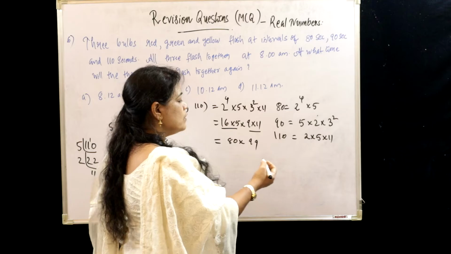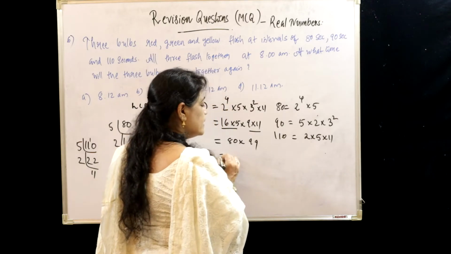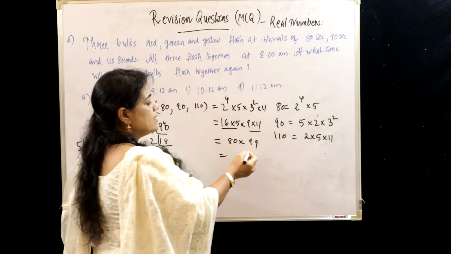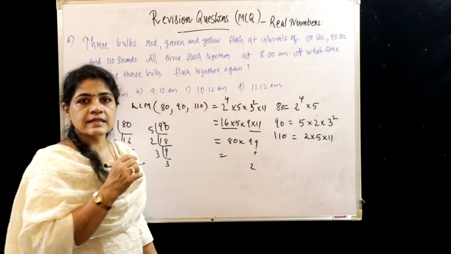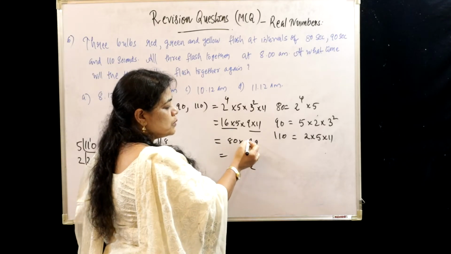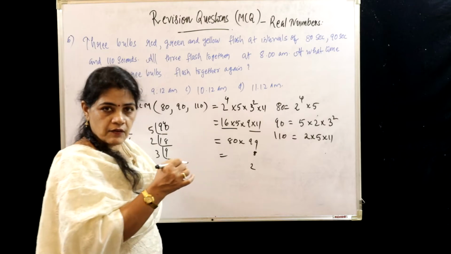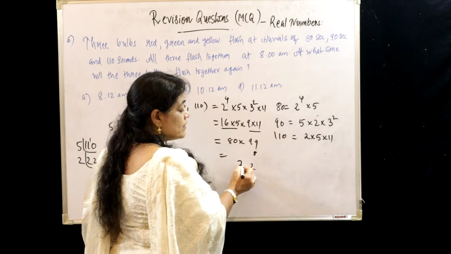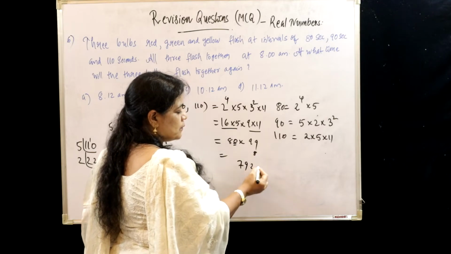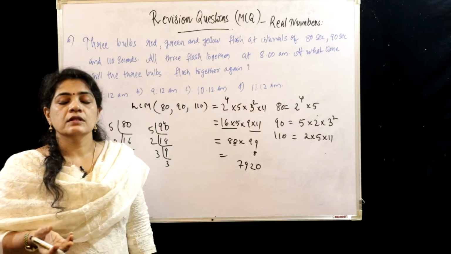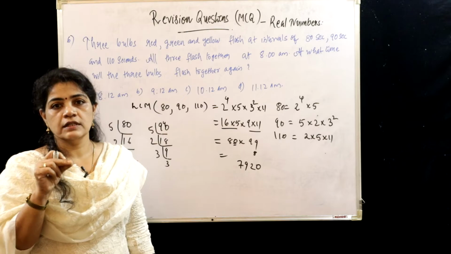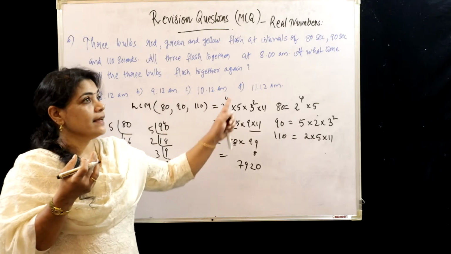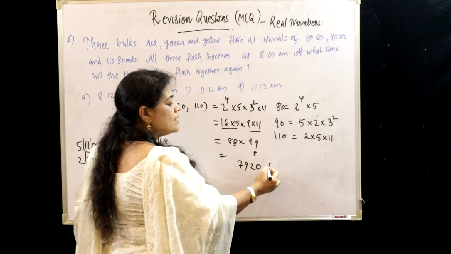So we can find the product of 99 into 80. 8 nines are 72, 7 carried, 8 nines are 72 and 7 is 79, and this 0. That is 7,920. That means this many seconds. But here see the options.